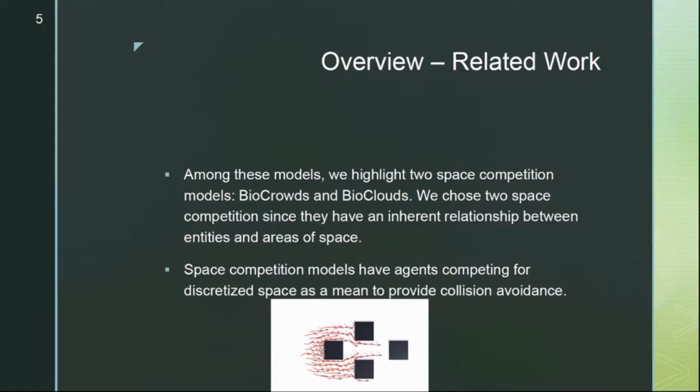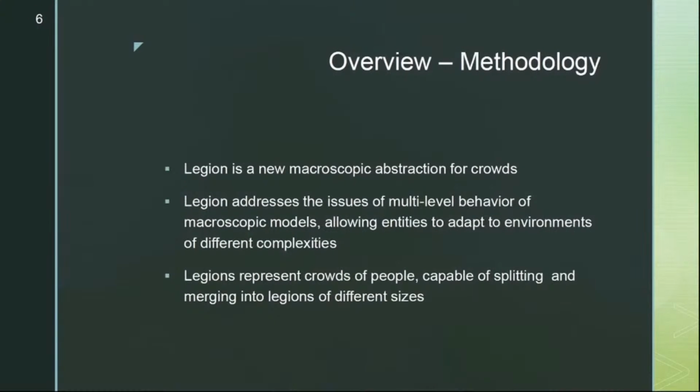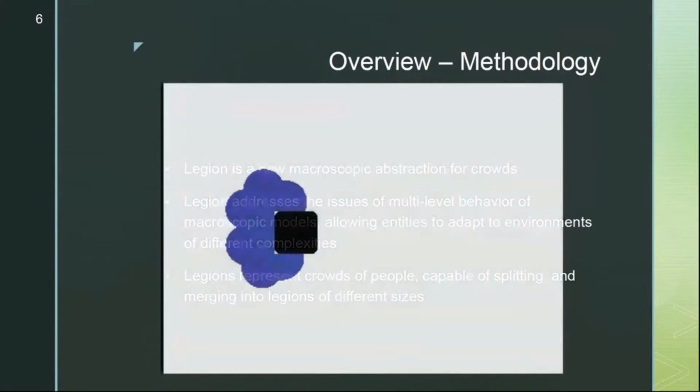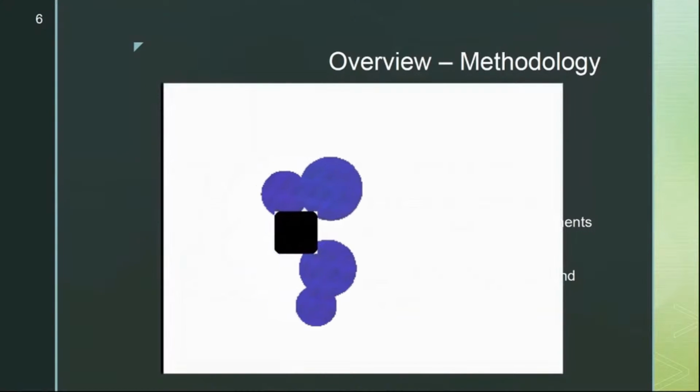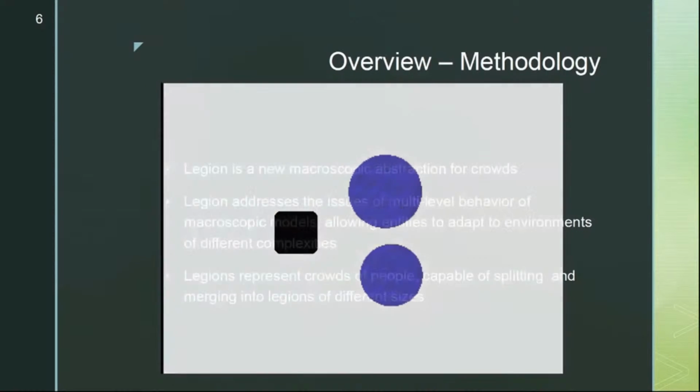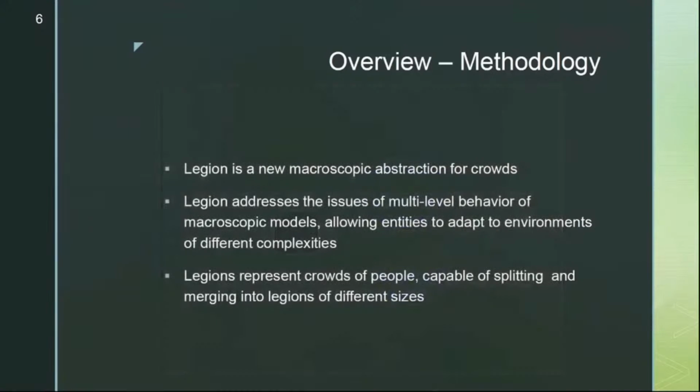We chose these algorithms because of their inherent relationship to the model entities as owning space. Legion is a new macroscopic abstraction for crowds. The model sees crowds as groups of individuals, which compete for space and can split and regroup like real-world groups. These split and merge behaviors dynamically adapt groups to environments.